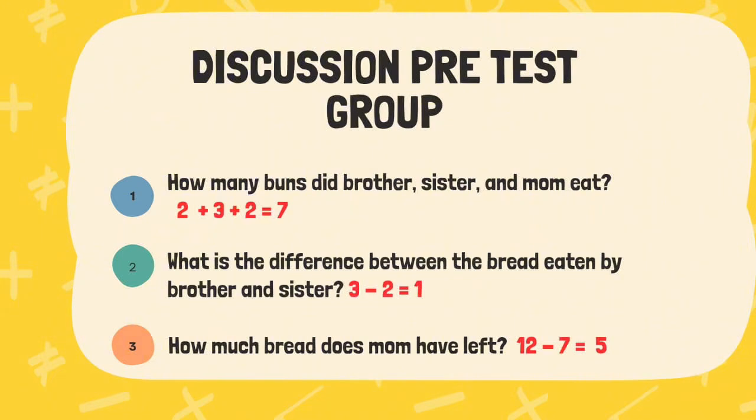The answer: 3 minus 2 equals 1. Number 3, how much bread does mom have left? Answer: 12 minus 7 equals 5.